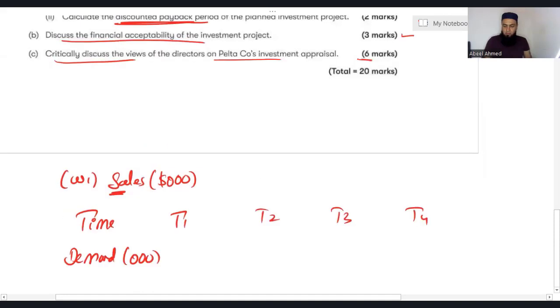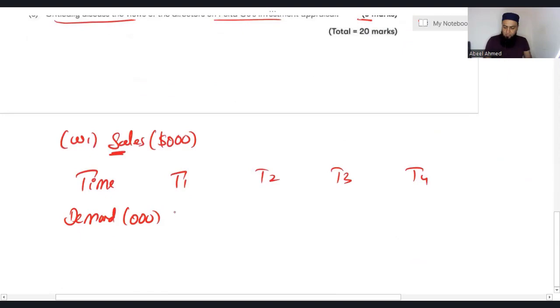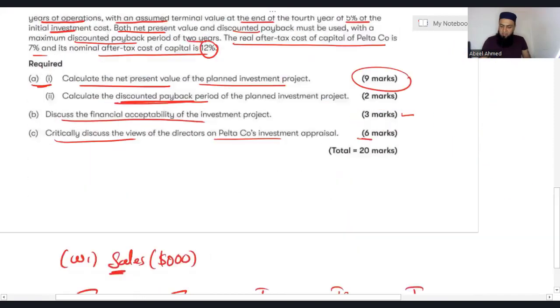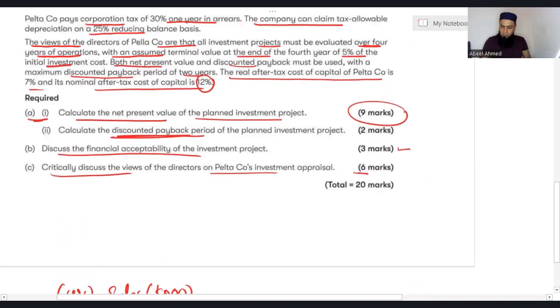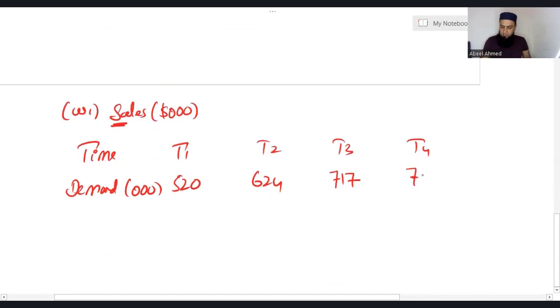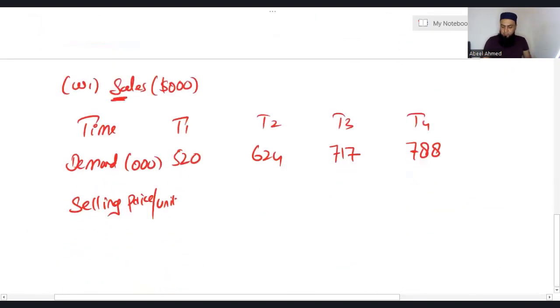Demand, let me ignore the 3 zeros: 520, 624, 717, 788. Selling price per unit. What is the selling price per unit? It is 30 each.